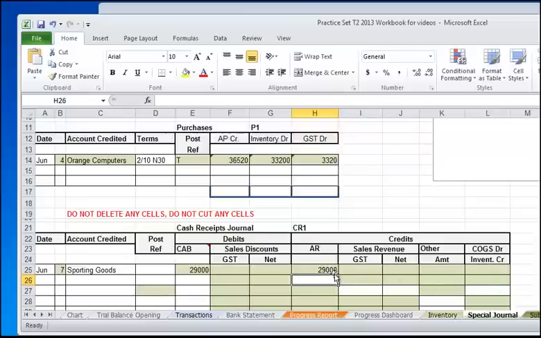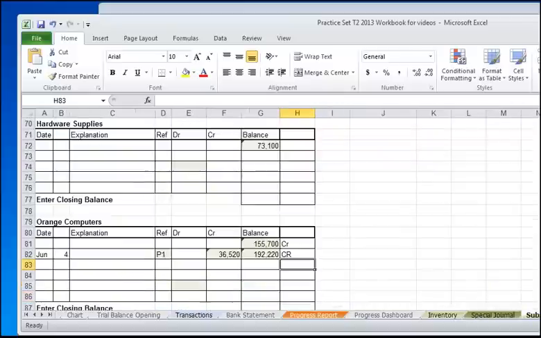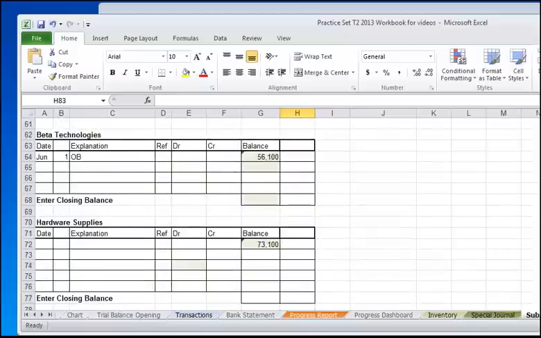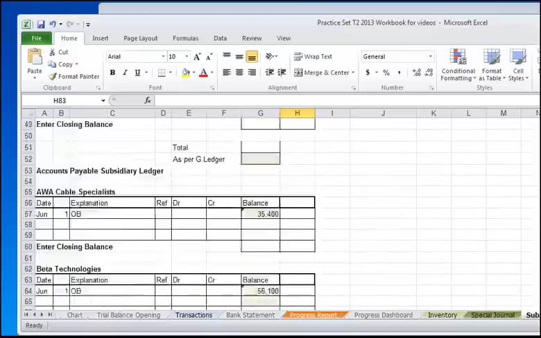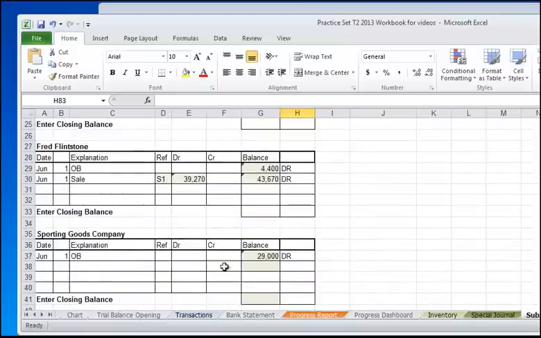What do I need to do? I now need to go to the subsidiary ledger of Sporting Goods. Sporting Goods, subsidiary ledger. Oops, accounts receivable. Sporting Goods, June 7. Payment reference, this is CR1.